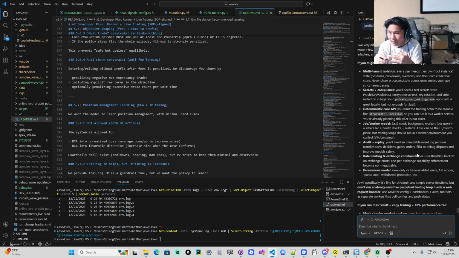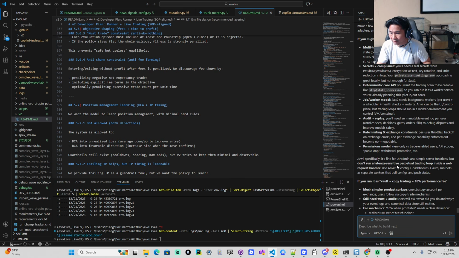You want the trading brain to be callable in step state decisions, so you want to run a worker service. SaaS needs background workers per user. Scheduler, health checks, restarts. Anvil can be the UI control plane, but trading loops should run in a worker environment where you control the VM container. You also need an immutable event log per user. Rate limit exchanges.